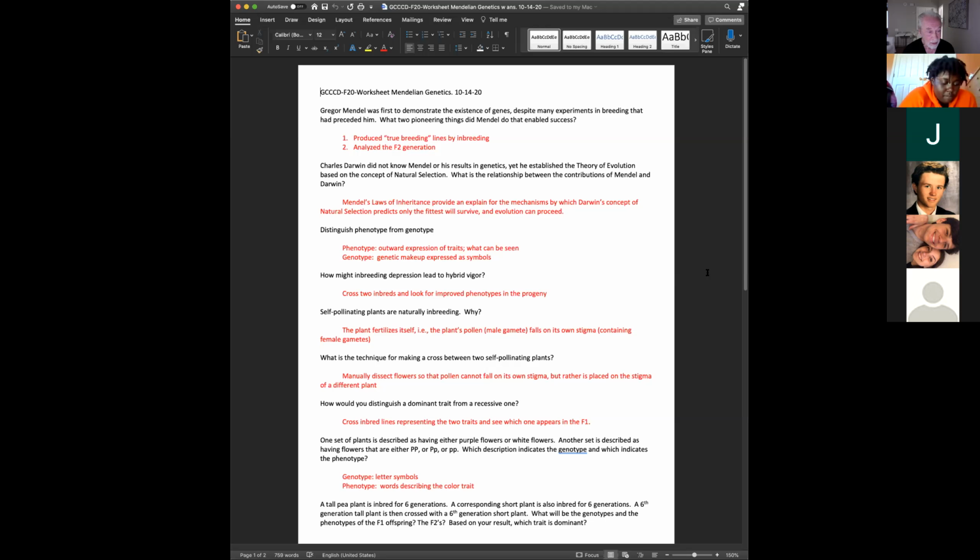But in the end, if you cross two inbreds and look among the progeny of various crosses, you will usually find that certain crosses between certain inbreds will show hybrid vigor, which means more robustness than either of the starting parents.